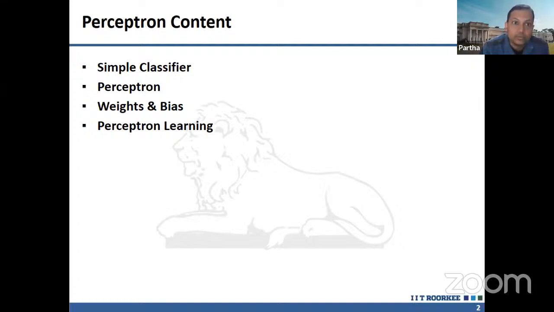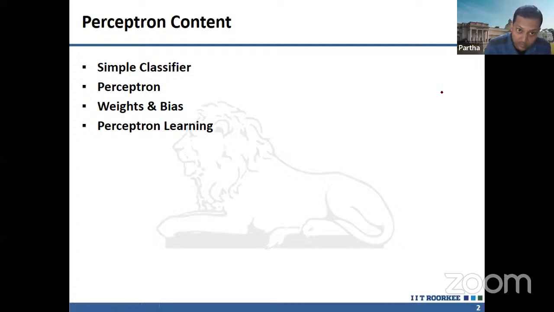Okay, so in perceptron learning, this is the agenda. First, we see how we can develop a simple classifier when we have different features, which will provide us a separation of two classes.